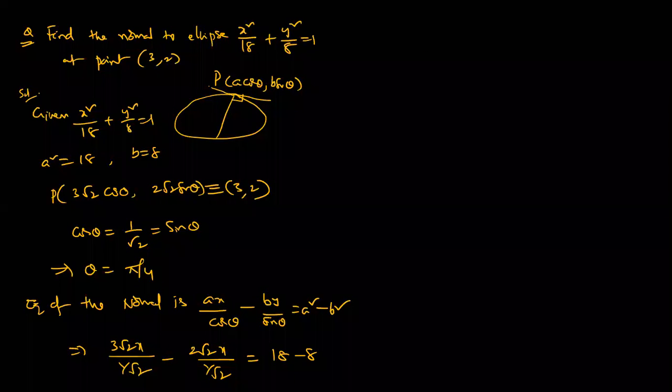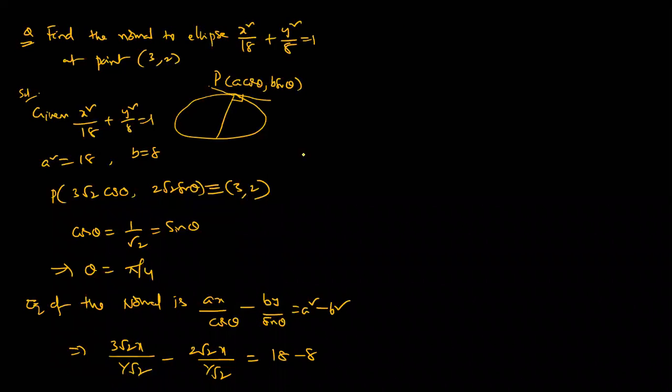Simplify. So root 2 times root 2 is 2, and 18 minus 8 is 10. Then 6x minus 4y is equal to 10. That means 3x minus 2y is equal to 5. That is the equation.